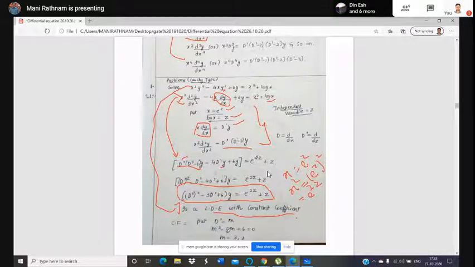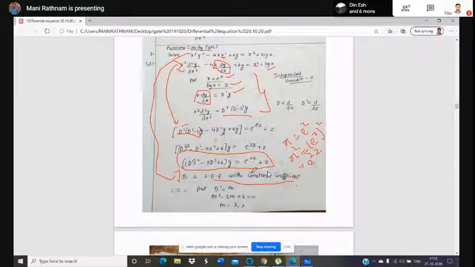All right, now the problem starts here. D dash square minus 5 D dash plus 6 of y equal to e power 2z plus z. Now you can identify that y is the dependent variable and z is the independent variable. From the basics, we discussed x as the independent variable and y as the dependent variable.